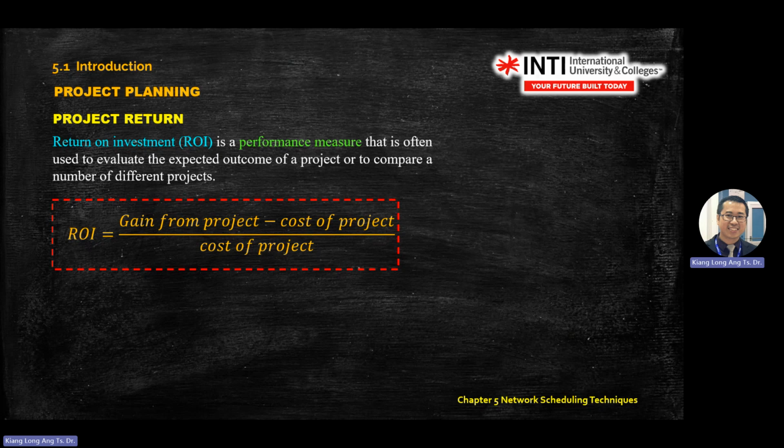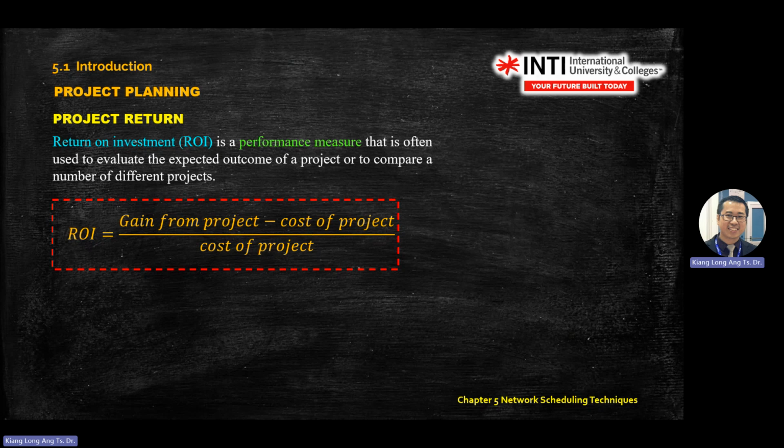What is ROI? ROI is a measurement of your project performance. You always take output divided by your input. Output means your profit, input means your investment, the money you put inside there.